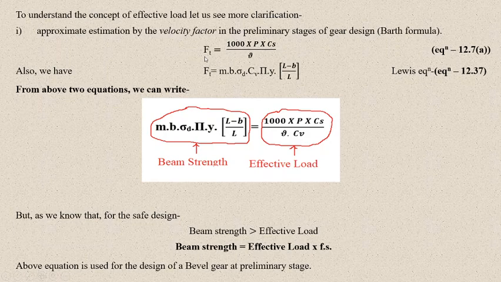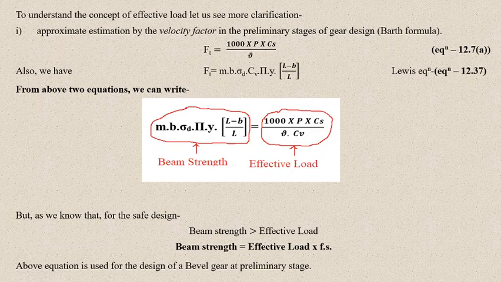If we are considering the preliminary stage, that is the Barth formula, we have Ft equal to this. It is given in equation number 12.7a in the design data handbook. Also Ft is equal to this. This is the Lewis equation of bevel gear. We can equate these two equations like this. On the left hand side, this expression is called the beam strength, and the complete other expression is called the effective load.